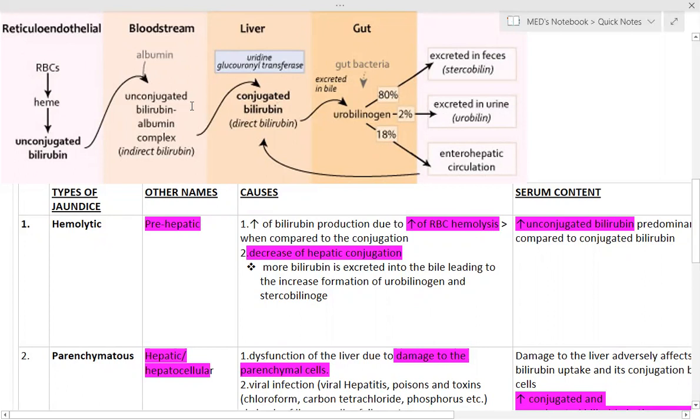The rate of unconjugated bilirubin production will be higher when compared to conjugation. So in the blood serum, you find unconjugated bilirubin increased. Another name of this type of jaundice is prehepatic jaundice, because it is all going on before the liver shows its role. So it's called prehepatic jaundice.